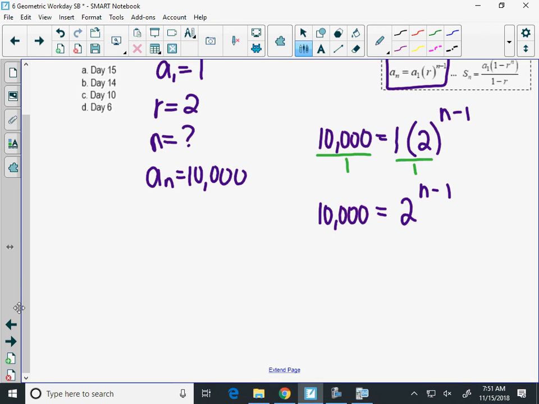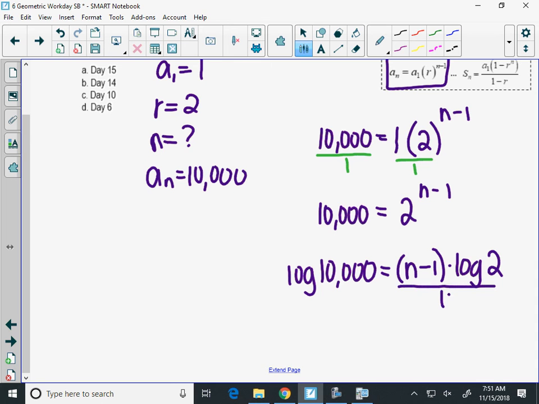Well, remember last unit we said you have to throw a log at it. The only way to move that n is to take the log of both sides. Now, since I have 10,000 here, I'm going to use the common log of 10,000 equals. Now, remember, when you take the log, that exponent pulls down in front of the log.